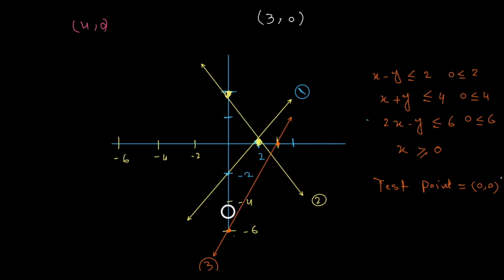So it means that this line contains its solution towards right, x is positive. Since x is positive, which region is the common region? Actually we want to find the common region.